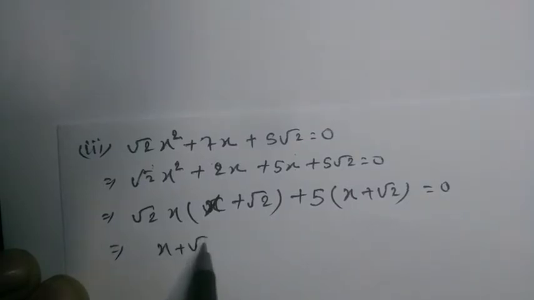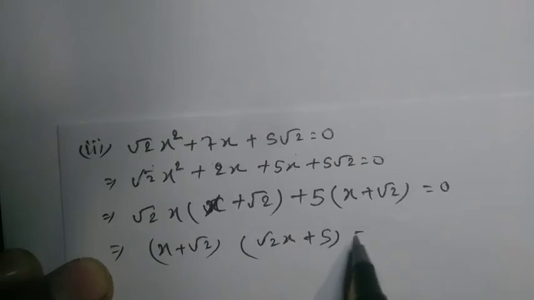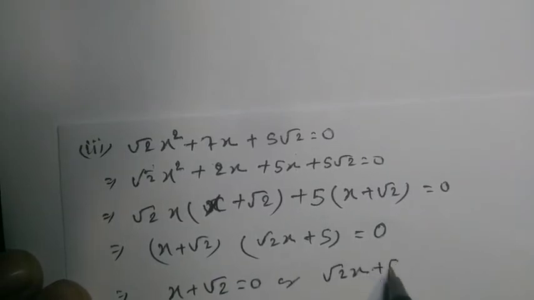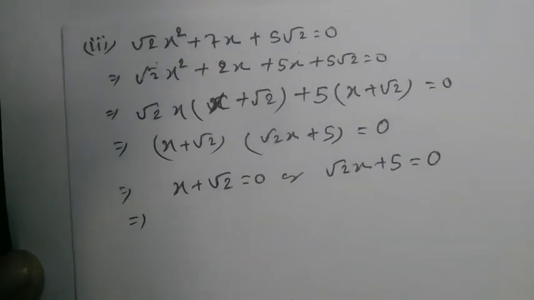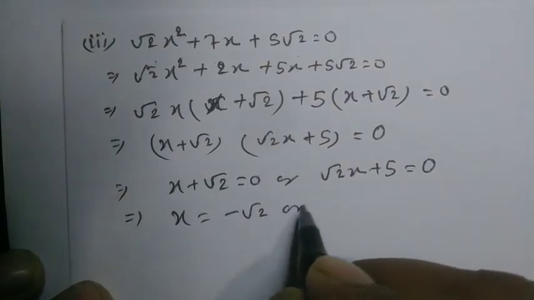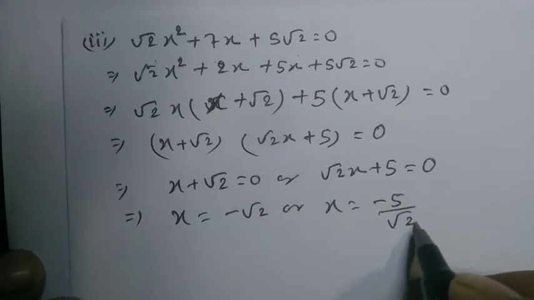Implies x plus root 2 is common, then we get root 2 x plus 5 is equal to 0. Implies x plus root 2 is equal to 0, or root 2 x plus 5 is equal to 0. Implies x is equal to minus root 2, or x is equal to minus 5 by root 2.